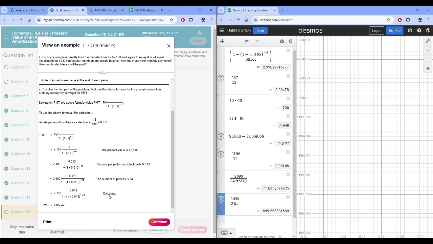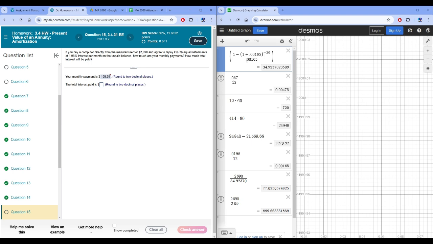The number of periods is 36. Negative 36. 0.00165 raised to the negative 36. That I agree with. How much are your monthly payments?